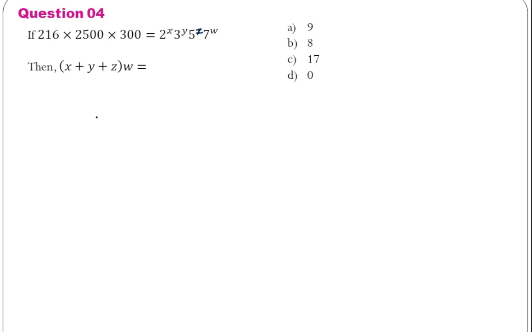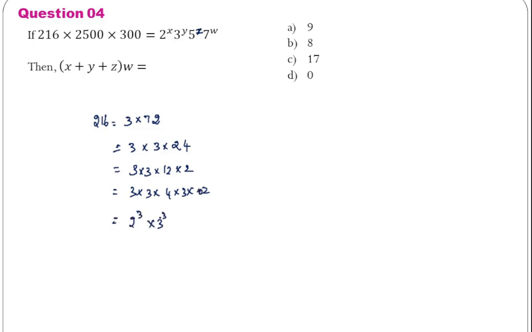Now we can write the prime factorization of 216. 216 is 2 into 3 into 3 into 3, so 2 power 3 and 3 power 3.